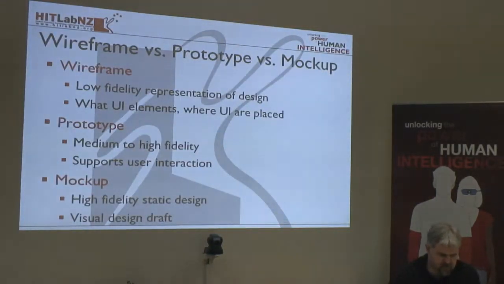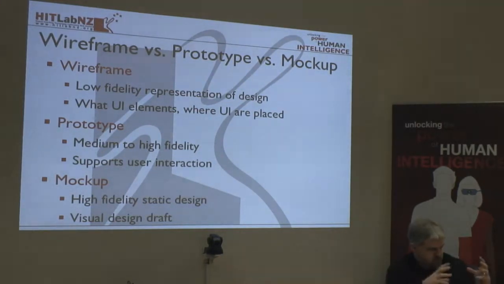It's important to distinguish between a wireframe and wireframing. The idea with wireframing is it shows what user interface elements there are and where they should be placed. Prototyping is more about medium to high fidelity.